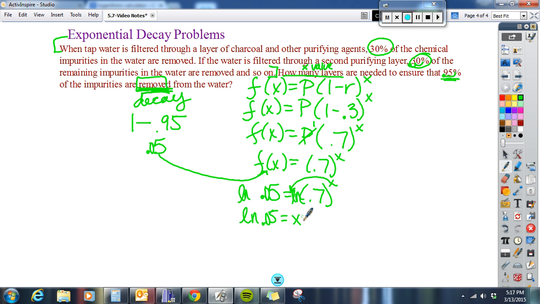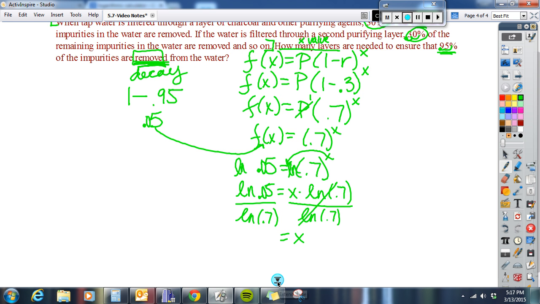Okay. Equal. So now this x comes in the coefficient, ln of 0.7. Okay, so again, I want to solve for x. I have ln of 0.7. Okay, these divide. When I divide this on my calculator, I get about 8.4.